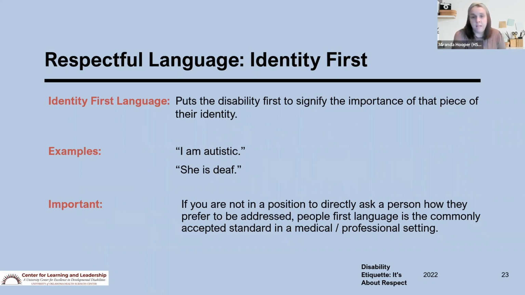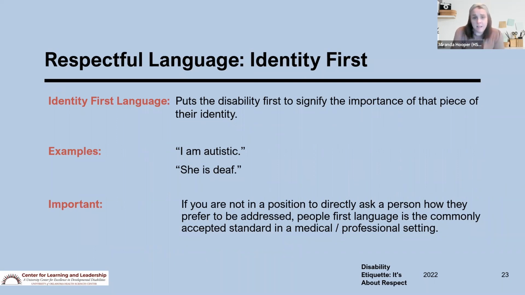They identify with that piece of them. Speaking to adults who were diagnosed later, it's like, oh, this answers so many questions. I wasn't just socially awkward and having trouble making friendships for no reason. I was autistic. This is who I am, so I can embrace that and find out who I am.